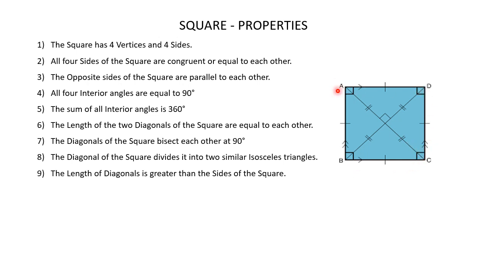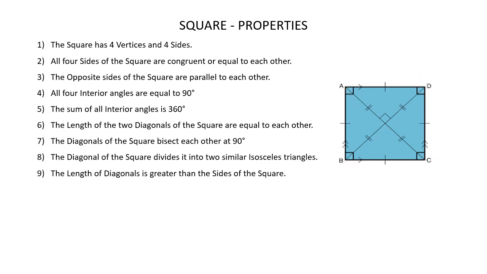We get two similar isosceles triangles because all the 4 sides of the square are equal to each other. Similarly, if we consider the diagonal DB, then we get two similar isosceles triangles BAD and DBC.